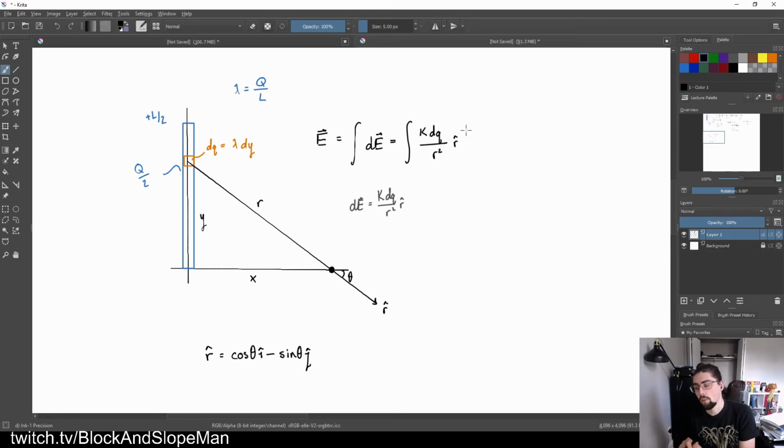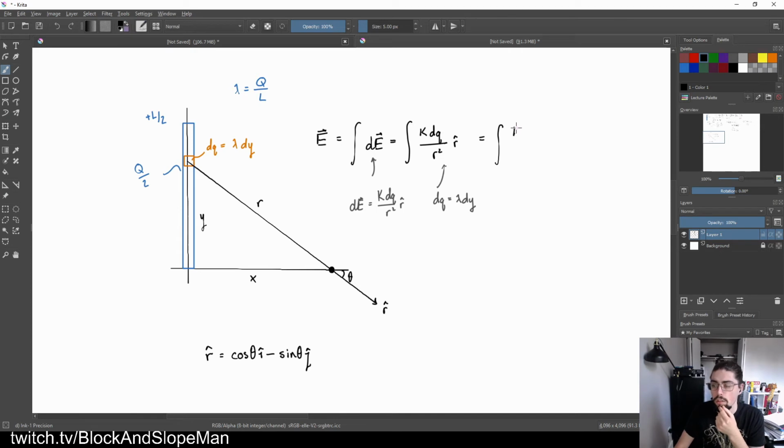This is a step closer, but I still don't know how to integrate dq. So I'll replace that. Let me try to make that a little bit nicer at least.